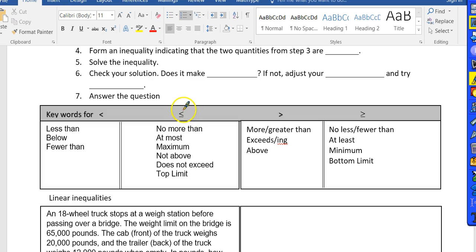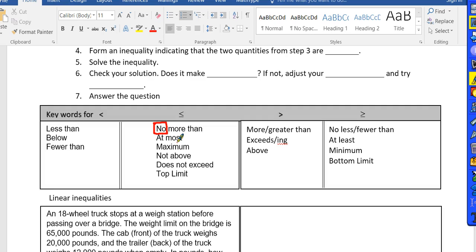It says, for less than or equal to, you will see words like no more than. Put a box around that no. I just told you I wanted you to focus on it. No more than means I don't want more than. I want the other two options, less than or equal to. Another term or phrase that means you're going to use less than or equal to is at most.